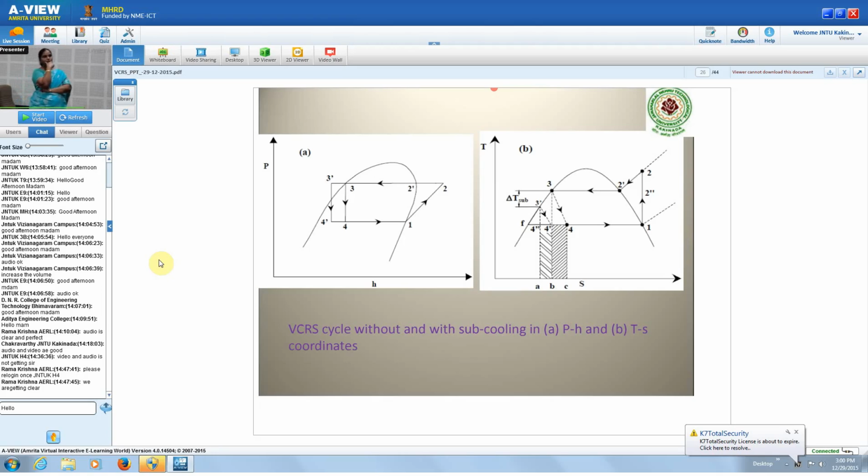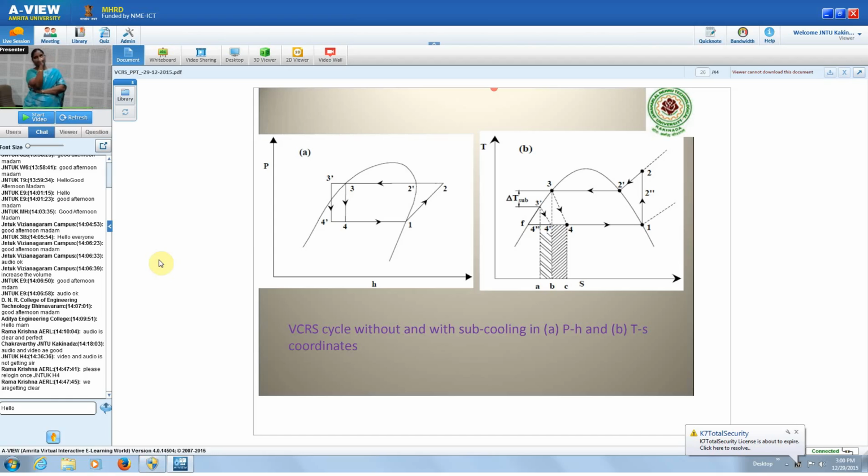With this diagram you can see subcooling. Actual 1 to 2 is compression, then 2 to 3 is actual heat rejection in the condenser. Point 3 represents the condenser temperature, where the refrigerant is in the saturated liquid state.